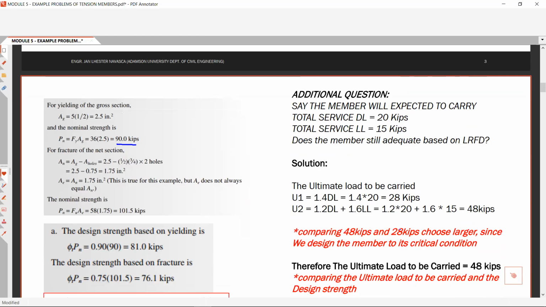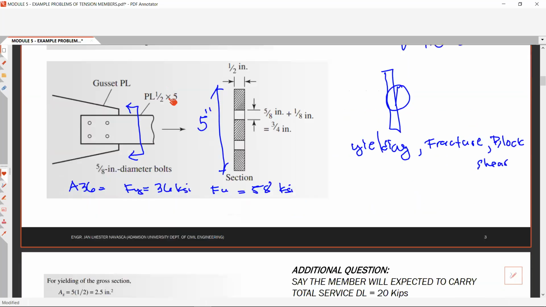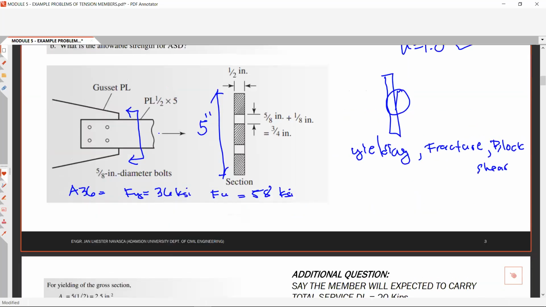Next, the limit state based on fracture. Since our tensile load is in this loading direction, the net fracture section is always perpendicular to the direction of the load. You can cut a section line within the bolts.